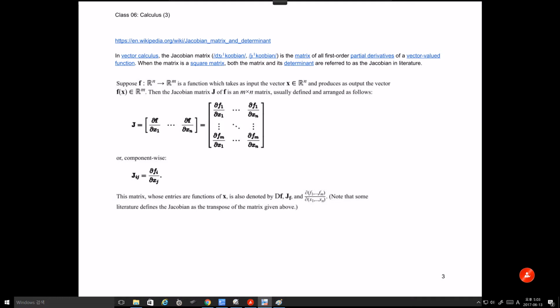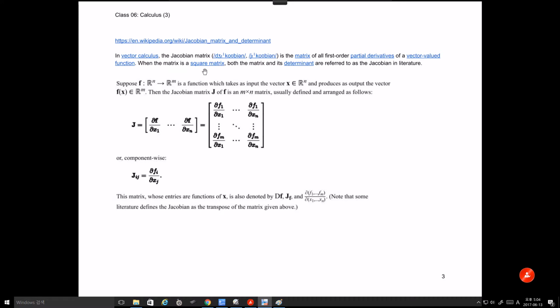Now in vector-valued functions, we have a very important concept called the Jacobian matrix and Jacobian determinant. In vector calculus, the Jacobian matrix is the matrix of all first-order partial derivatives of a vector-valued function.